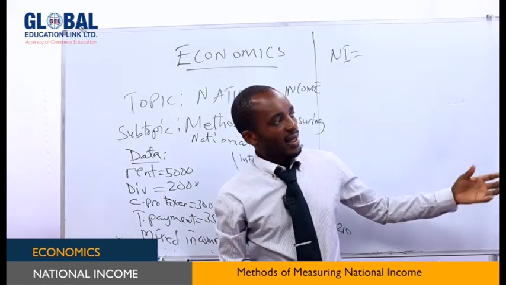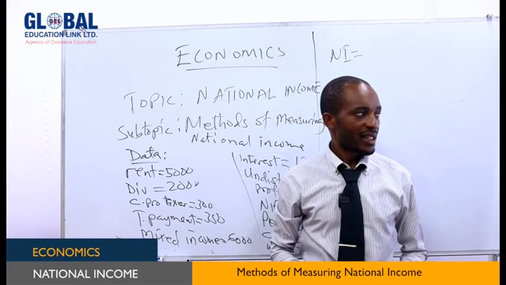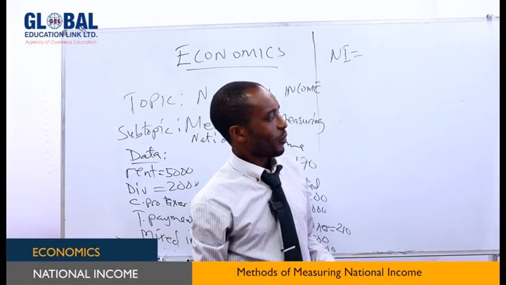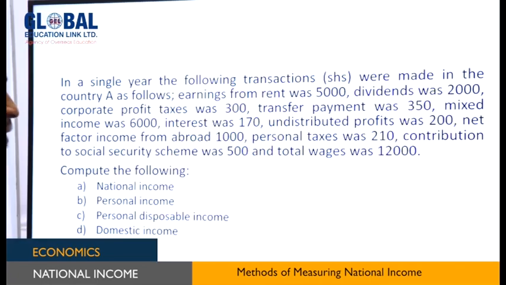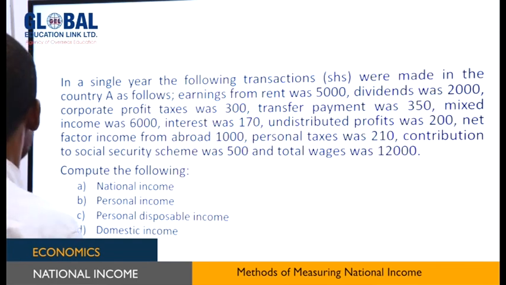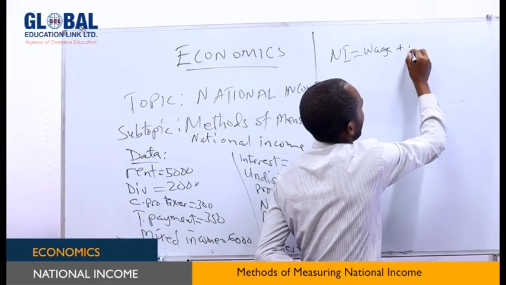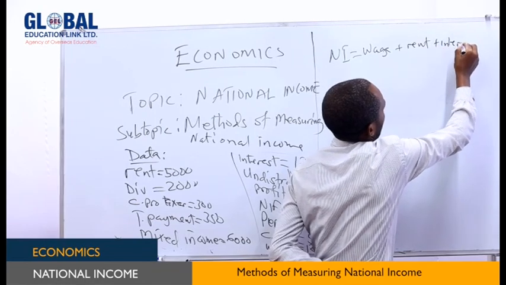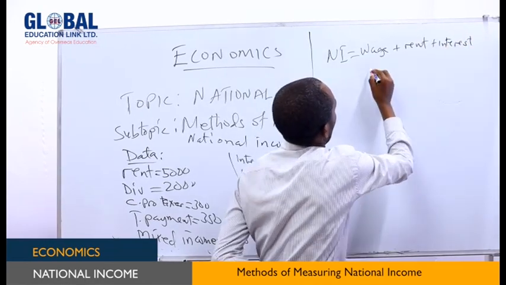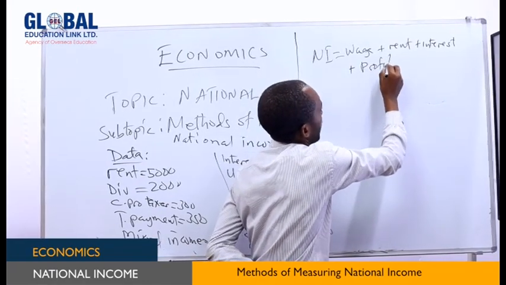Since here we are given the income received by factors of production, the national income will be the sum of all incomes which the factors of production receive in the economy, which is wage plus rent plus interest plus profit.